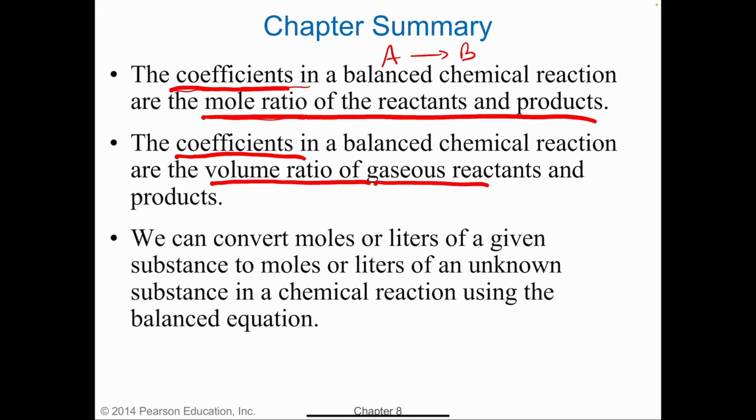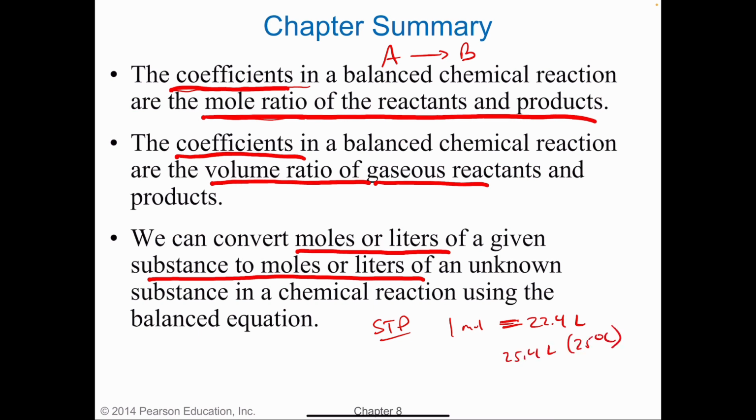So if you're working with gaseous reactants, you can use the coefficients as well. And then we can convert moles or liters of a given substance to moles or liters of another one using the balanced equation as well. The reason that works is because at STP, for example, 1 mole of gas equals 22.4 liters. If we're not at STP, it's just a different number. I believe in the lab we saw room temperature was like 25.4 liters if it was about 25 degrees C.